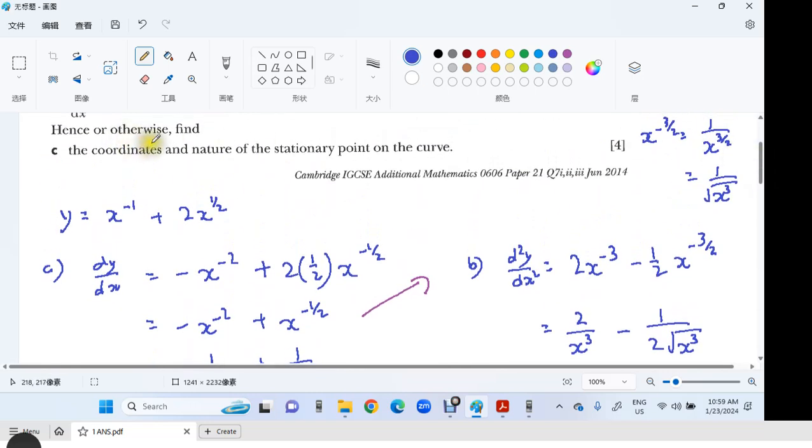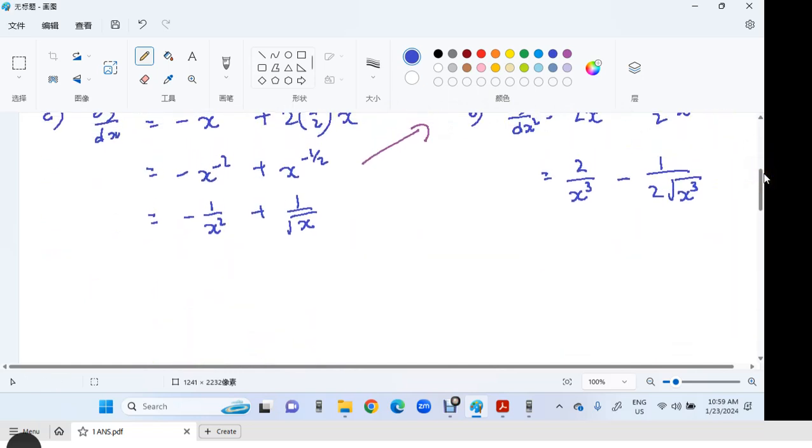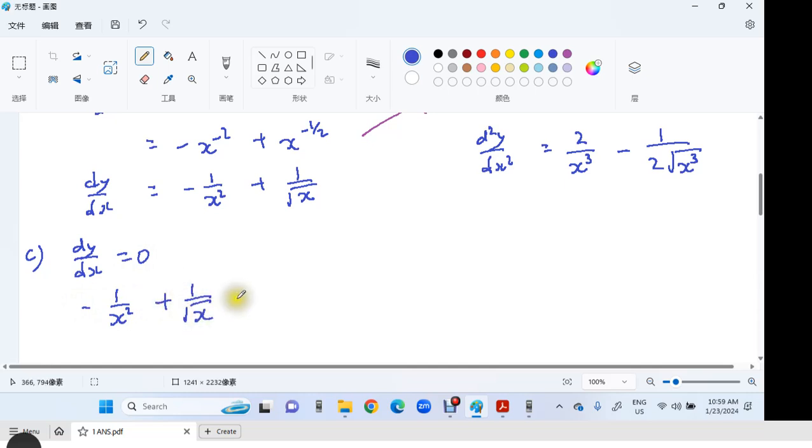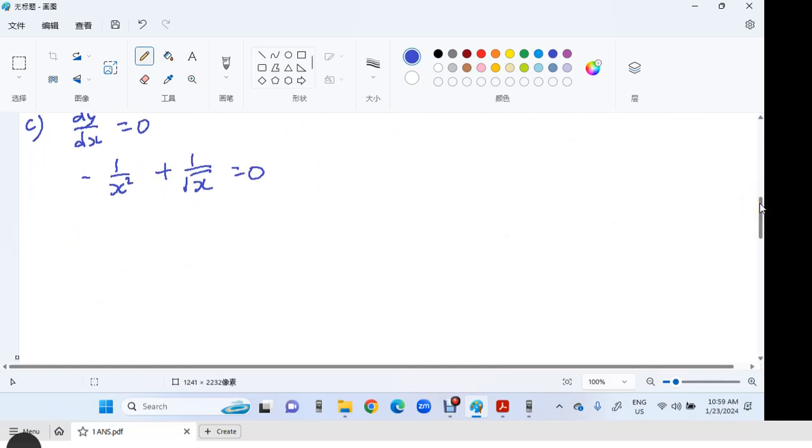So for part c, they want to find the stationary point. This is the second derivative and this is the first derivative. The stationary point is where dy/dx equals 0. So 1/√x - 1/x² is equal to 0.